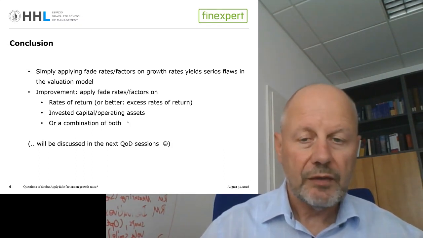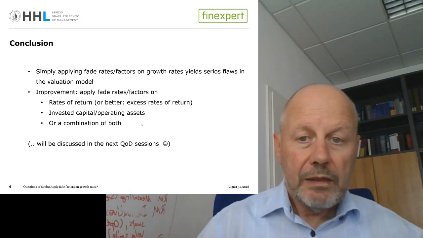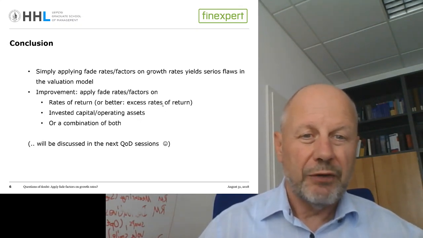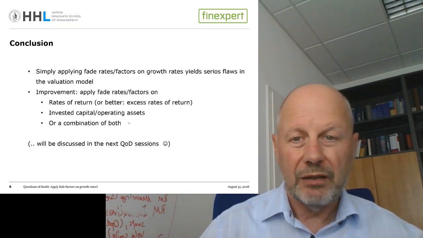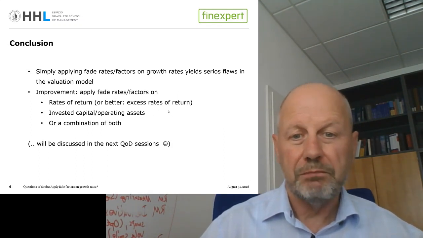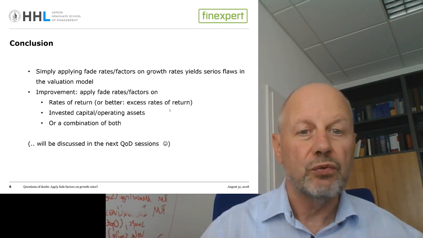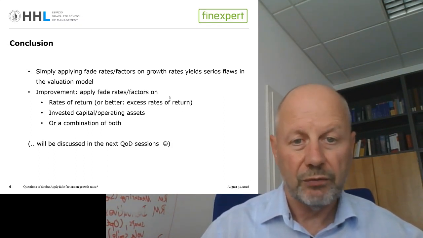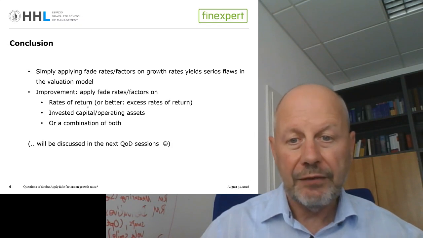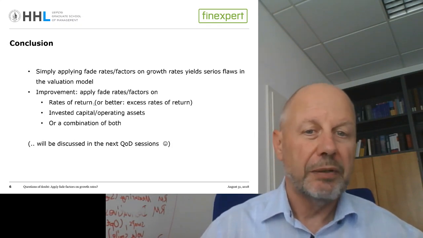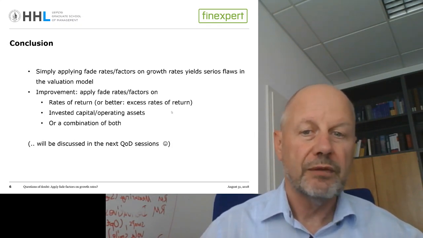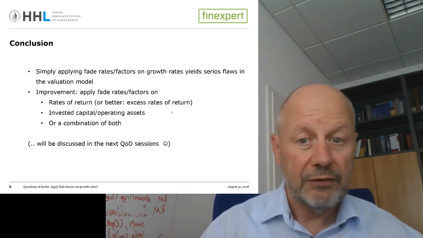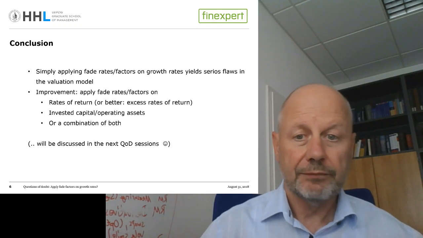So a possible improvement of the model is to apply the fade rates not directly on our growth rates, but on one of the two components of the growth rates according to the value driver model, either to the rates of return or better to the excess rates of return. So we let, in that sense, the rate of return fade against the WACC.